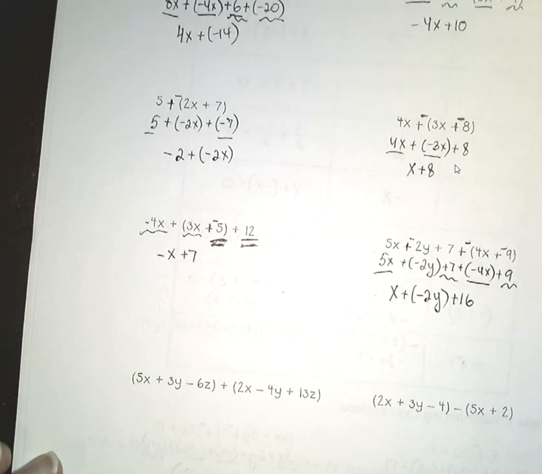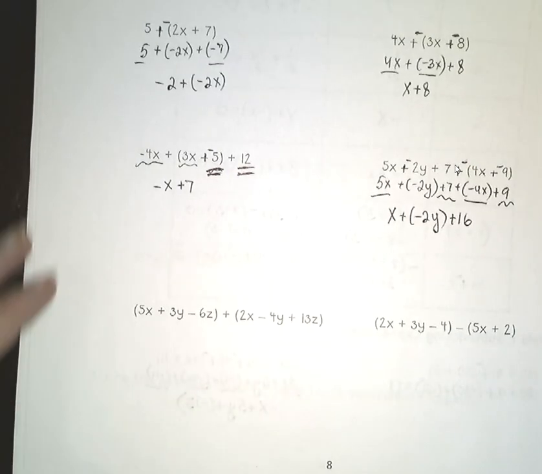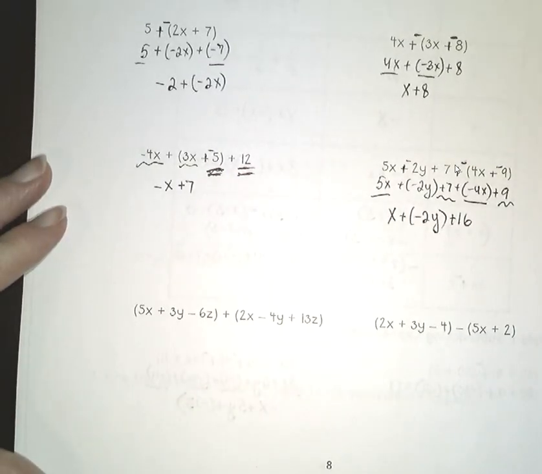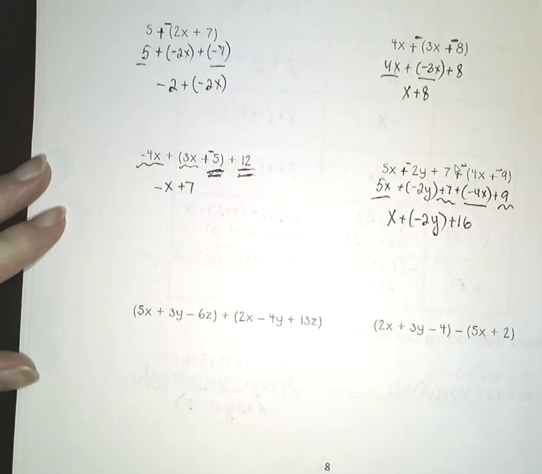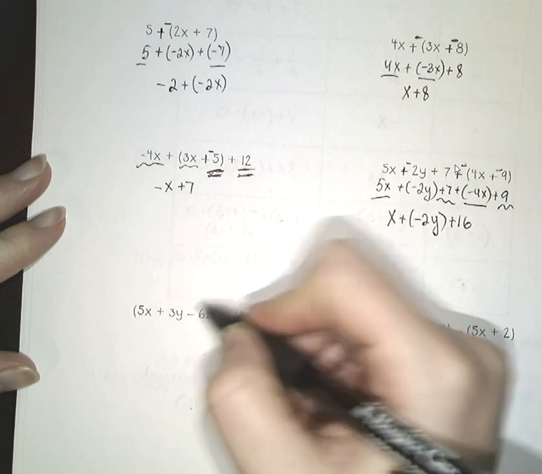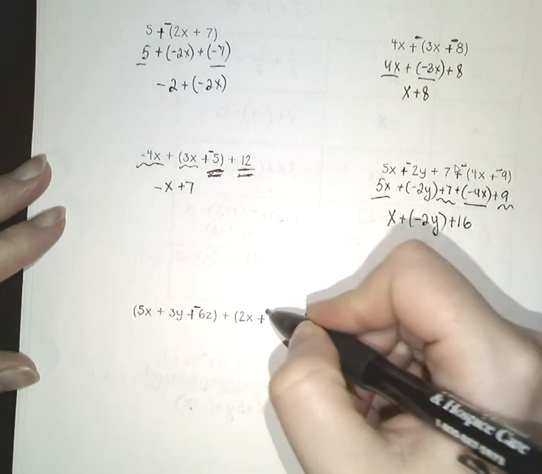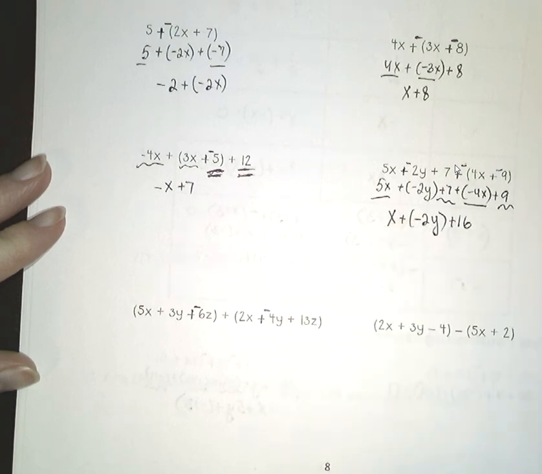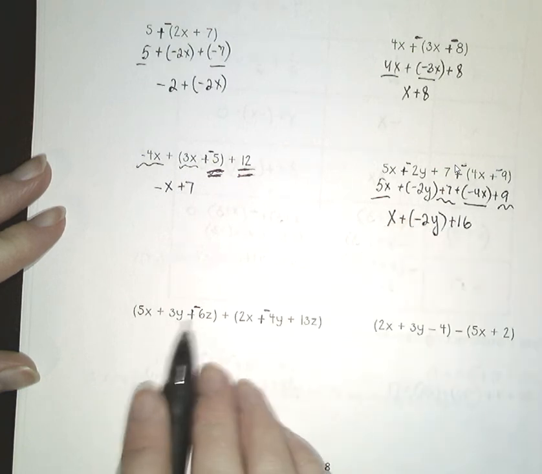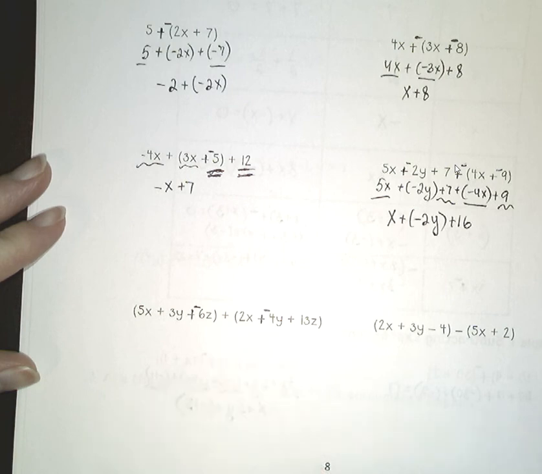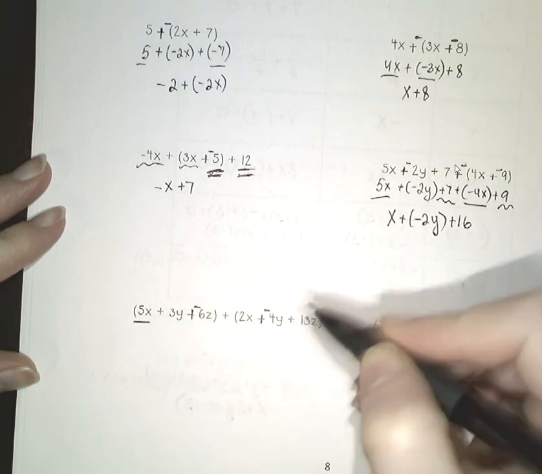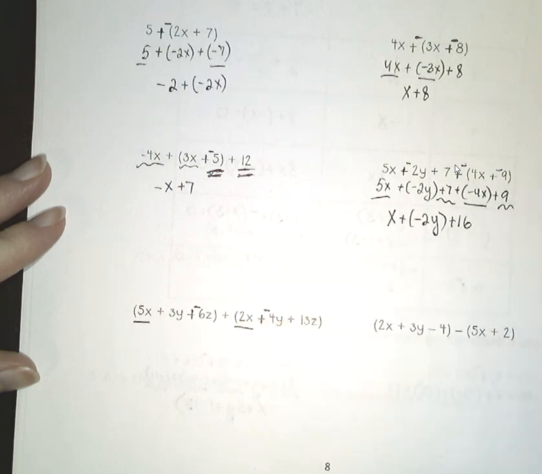Last couple here, and they're pretty long, so let's be careful when we are doing those. First, change all subtraction into addition of the opposite. So negative 6z and plus negative 4y. Now that I have pluses everywhere, I don't have to worry about parentheses. So I have 5x and 2x that I can combine, which is 7x.